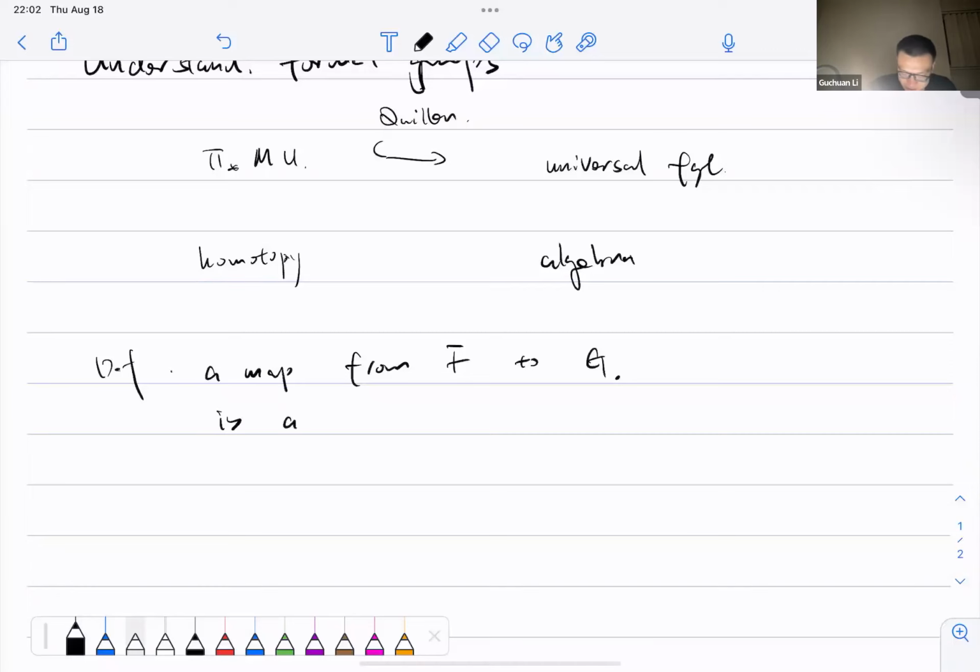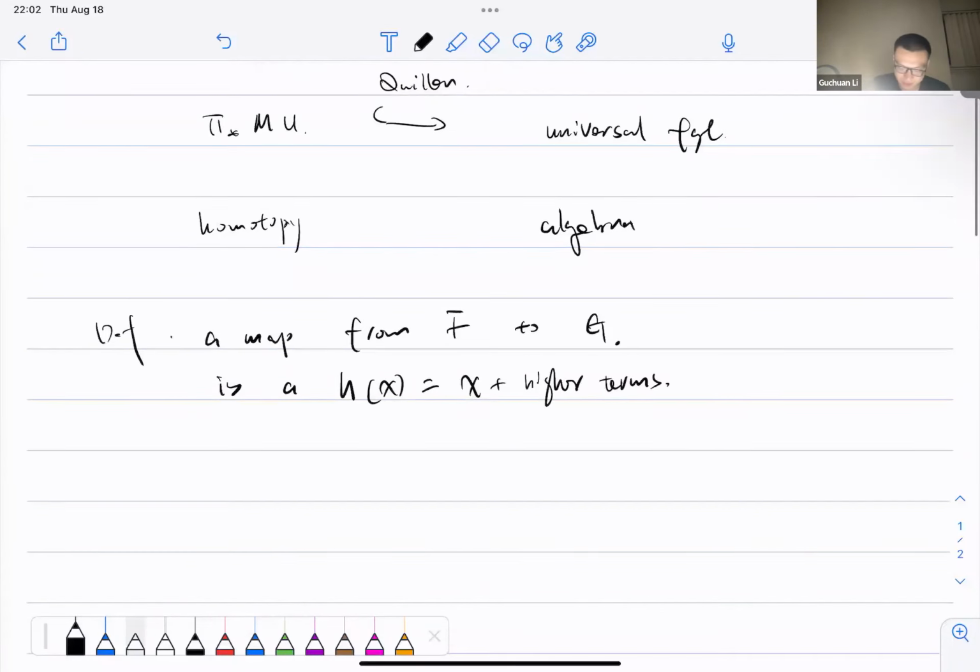This is a formal power series, let's call it H. It has X plus higher terms; the first term should be X, such that it satisfies the following.